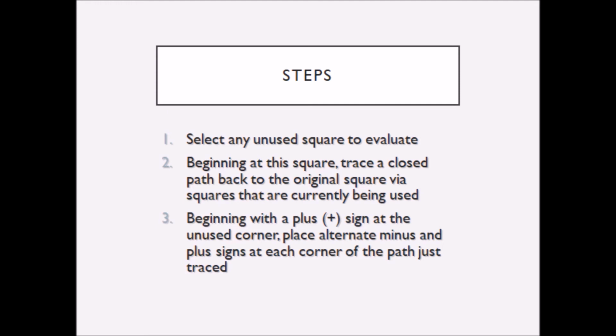The first one is to select any unused square to evaluate. After which, beginning at the square that you chose, trace a closed path back to the original square via squares that are currently being used. Beginning with a plus sign at the unused corner, place alternate minus and plus signs at each corner of the path just traced.